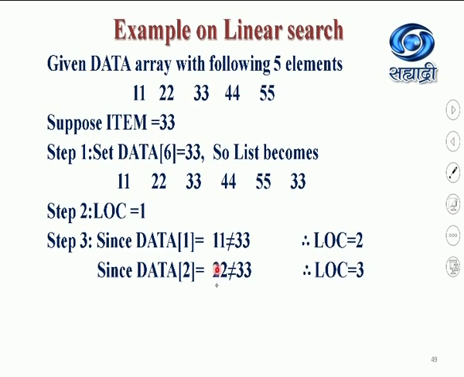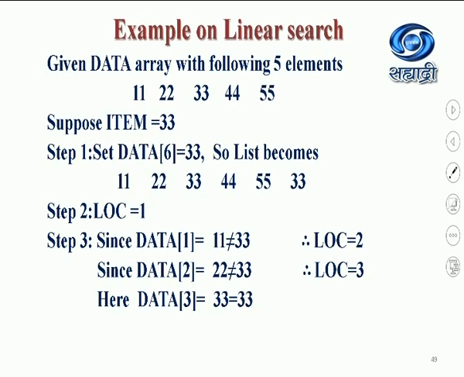Data of 2 is 22 and this 22 is not equal to 33, so go for the next location. Set LOC is equal to 3. Here data of 3 contains element 33 and 33 is equal to 33. It means we should stop the searching process here, where we get the element.